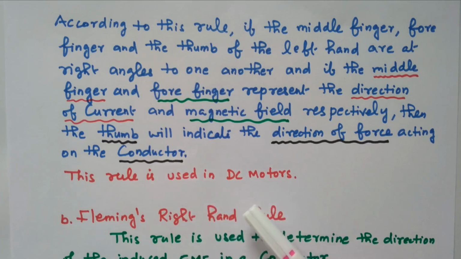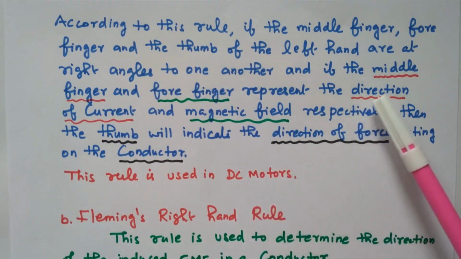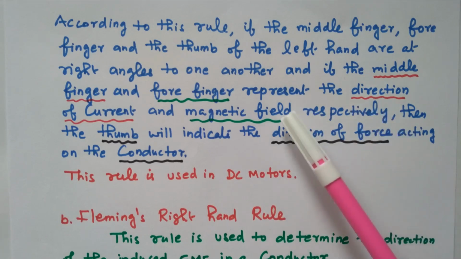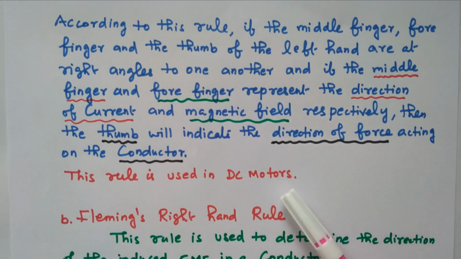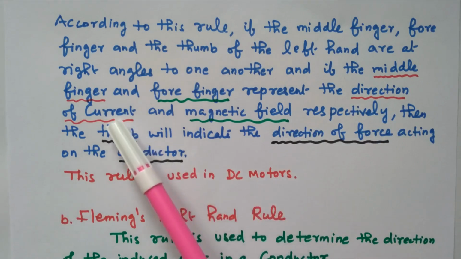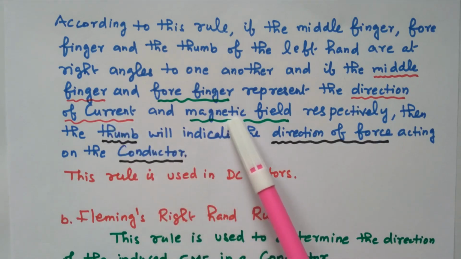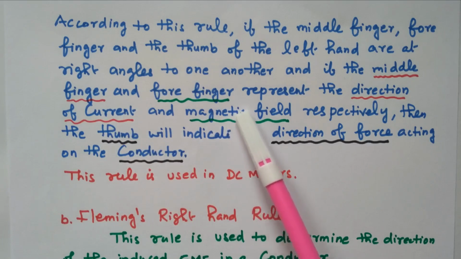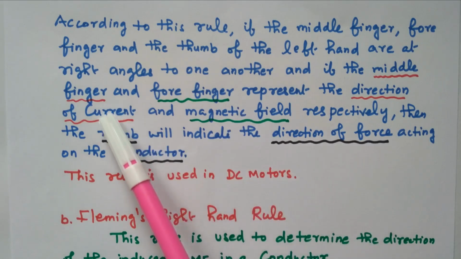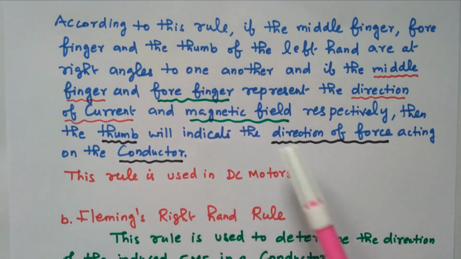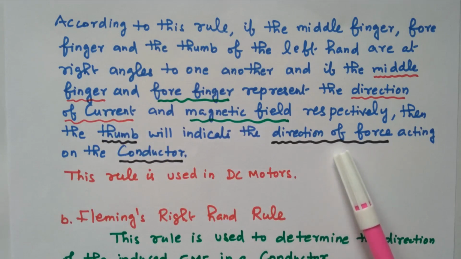So this is used in DC motors. We are able to identify the three quantities: direction of current, magnetic field, and direction of force on a conductor. In a DC motor, when a current is flowing, the flux is produced. Due to the flux, the conductor starts rotating, right? The current flows, the magnetic field is created, so the motor will start rotating.